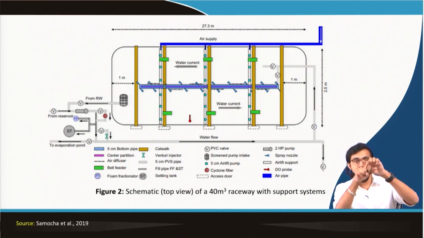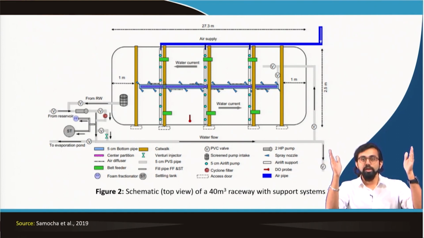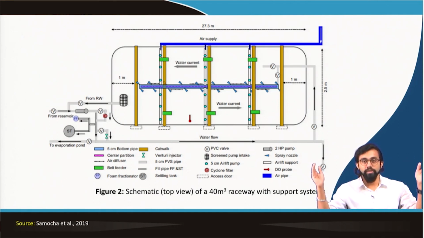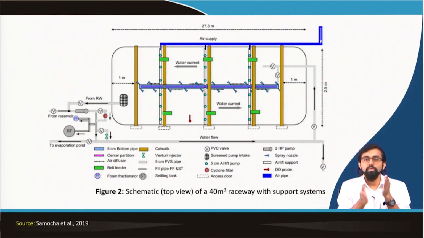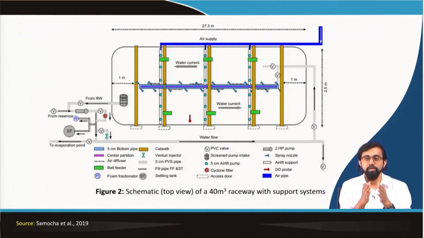Then you can see this is the whole pond, which is 2.5 meter by 27.3 meter in dimension. At both edges, at a 1 meter distance, we have these catwalks, which we normally use for human intervention.